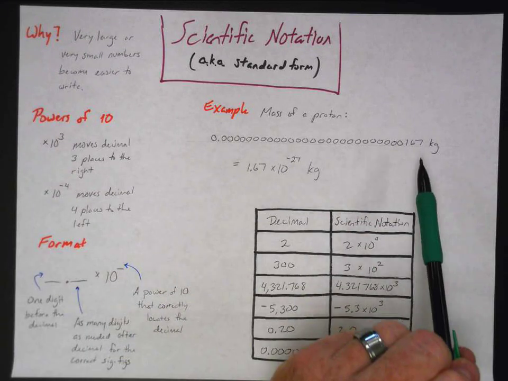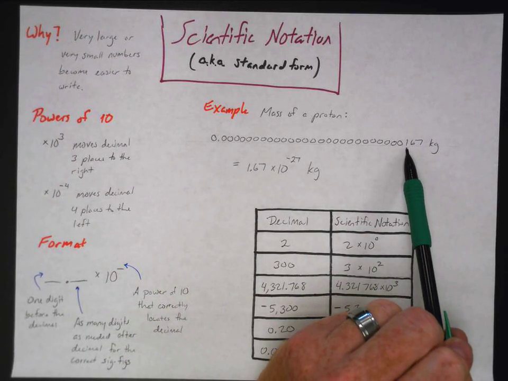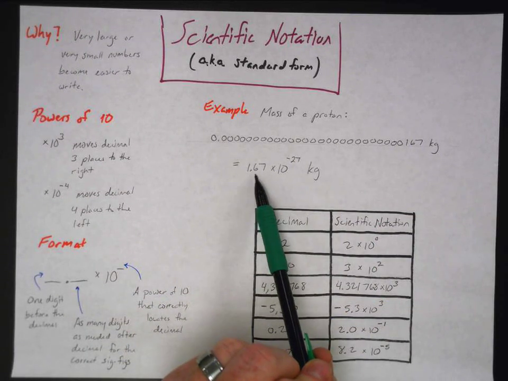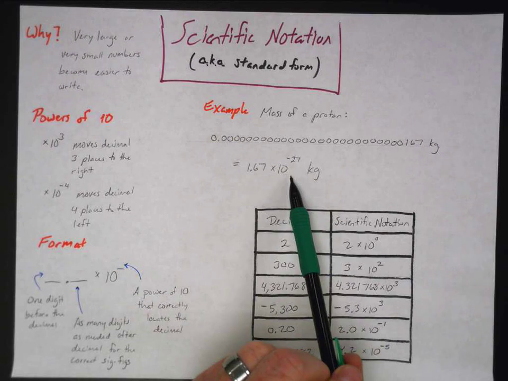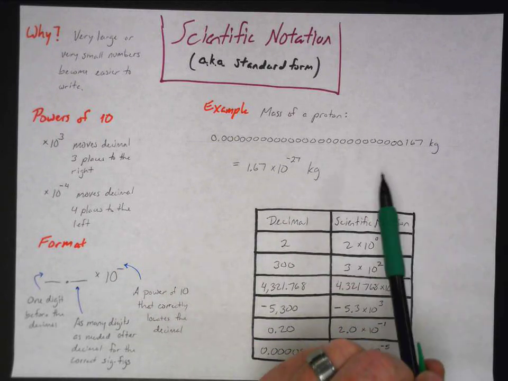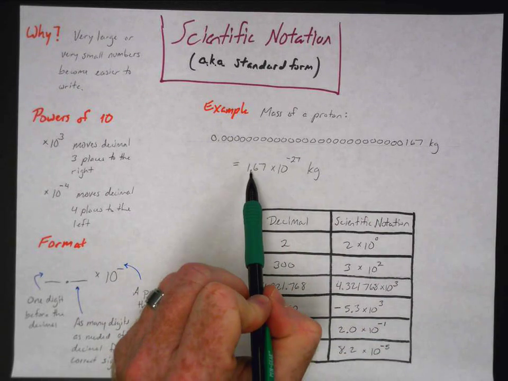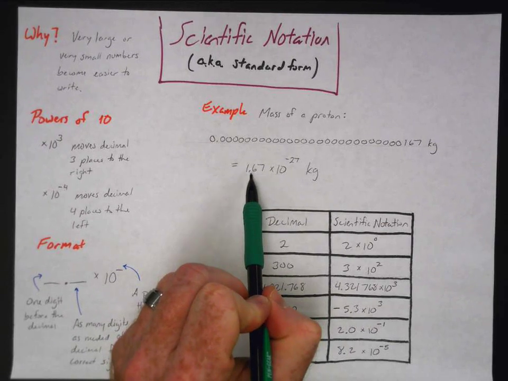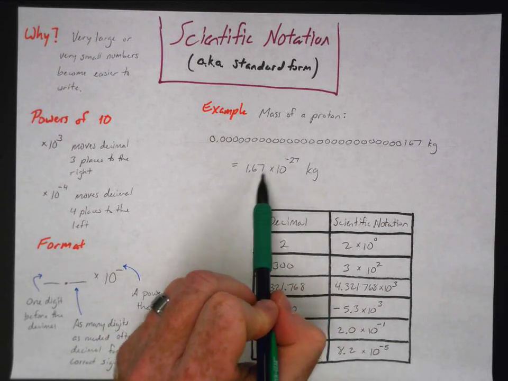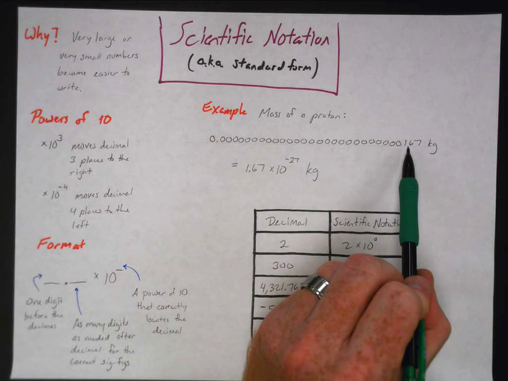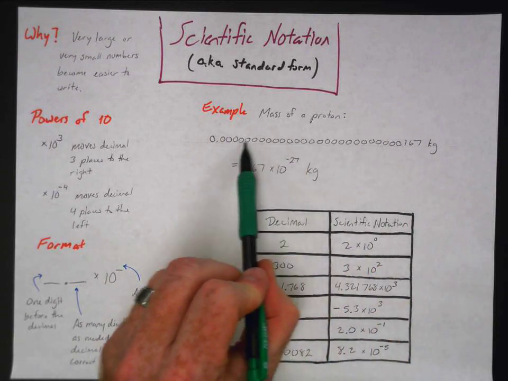We rewrite this. We take the first significant digit, and that's the 1, and then we have 0.67. So we're moving the decimal point. But to make sure that we're talking about the exact same value, we multiply by a power of 10. In this number, from this location, we have to move that decimal point to the left. So we have to have a negative exponent, and we have to move it to the left 27 places.